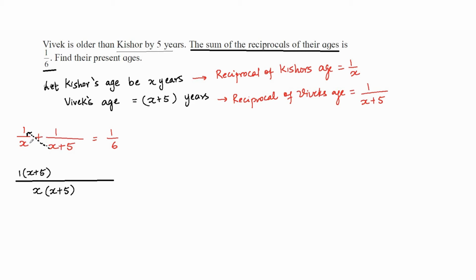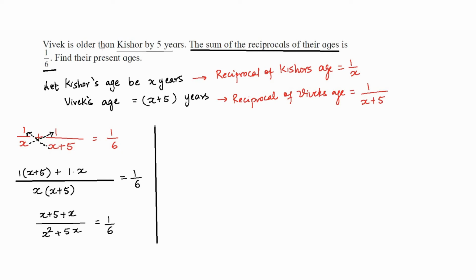The second one I multiply with x, so it becomes 1 into x, equal to 1 by 6. Therefore, this becomes x plus 5 plus x divided by x square plus 5x is equal to 1 by 6.